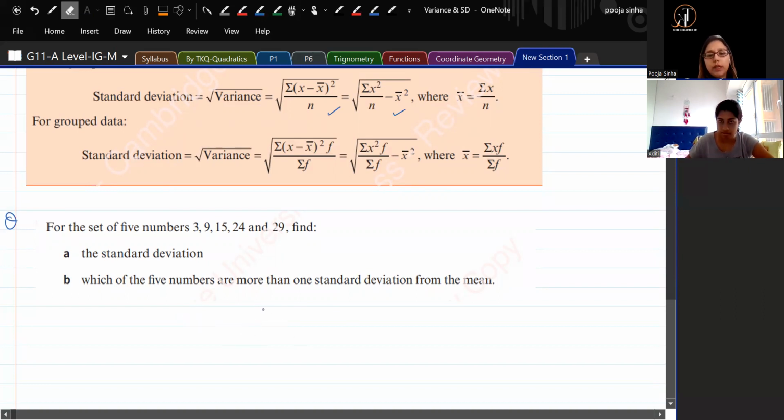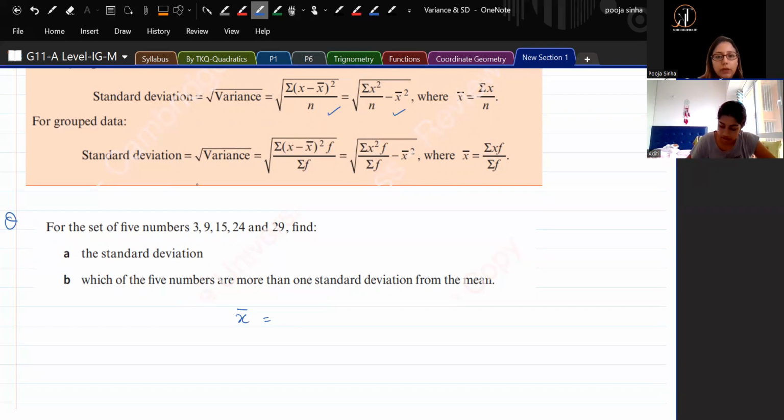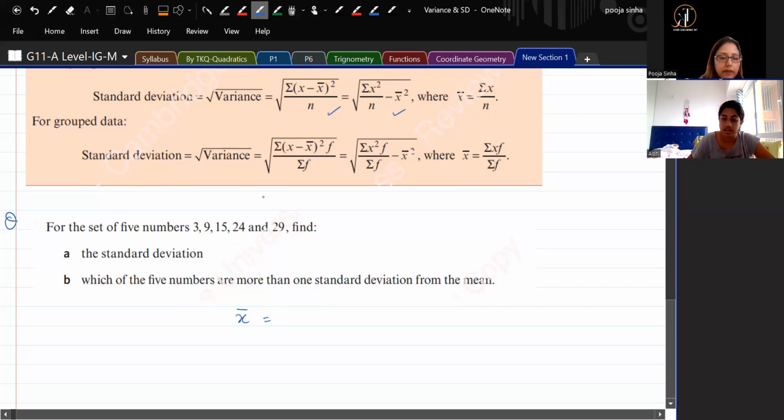For doing the first one, you'll first find out what is x bar. Tell me quickly, what will x bar be? Let's do it with the first method. So your values are 3 plus 9 plus 15 plus 24 plus 29, that is 80, divided by 5. 80 divided by 5 is 16.